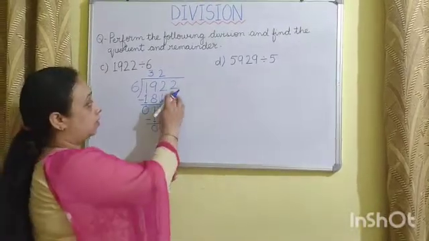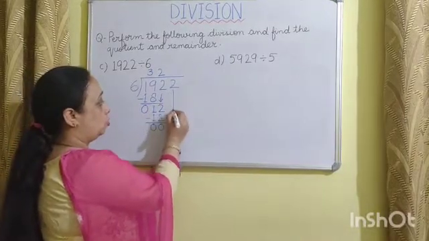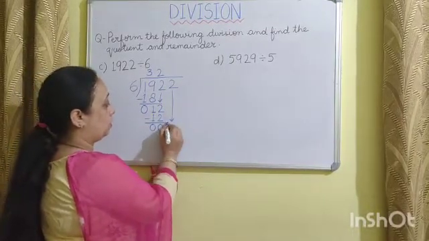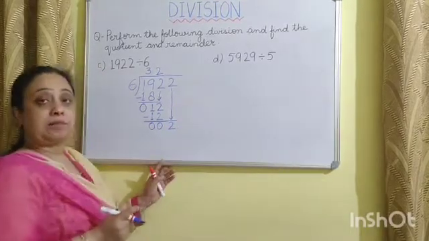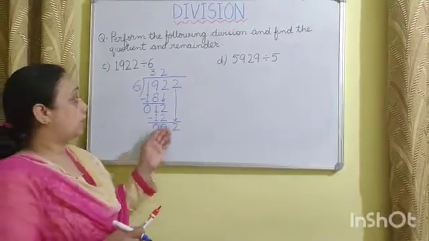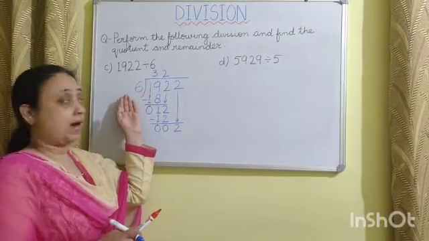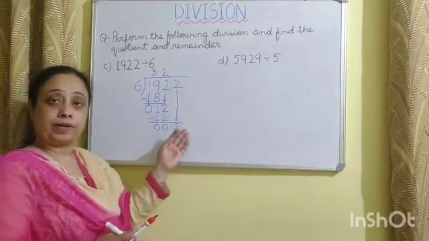Our next digit which we are left with is 2. So we'll copy down this 2 here. But here 2 is less than 6 and we have no other digit to copy down.